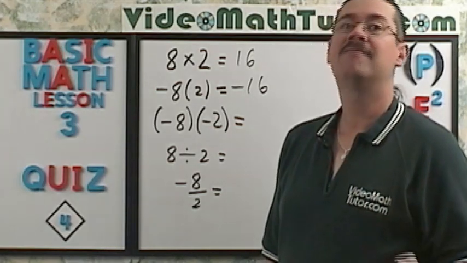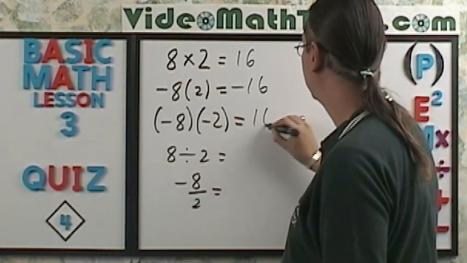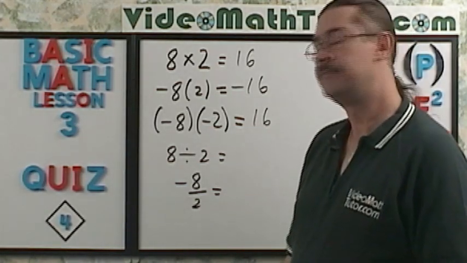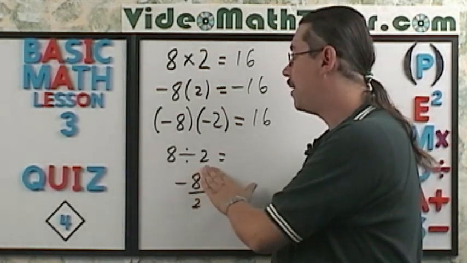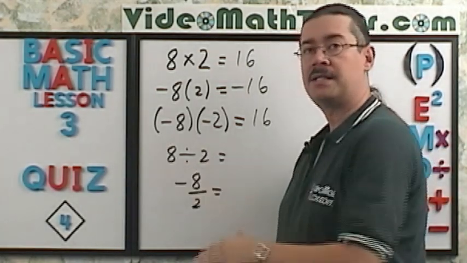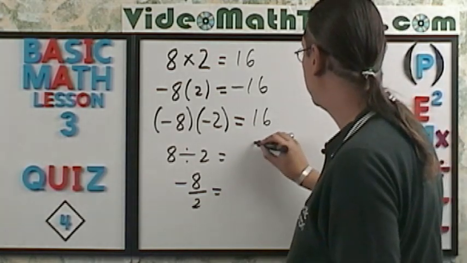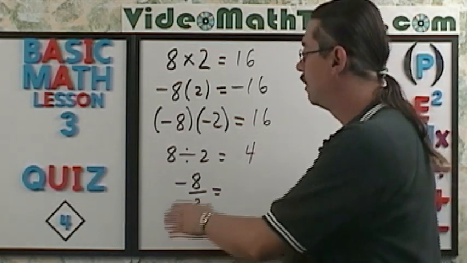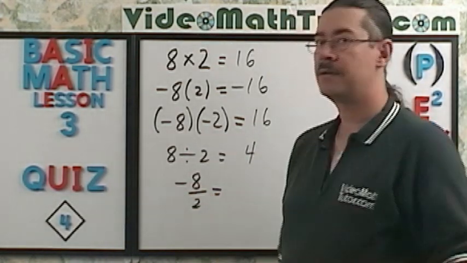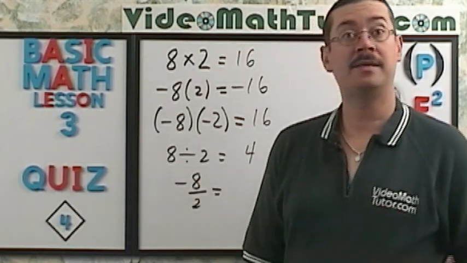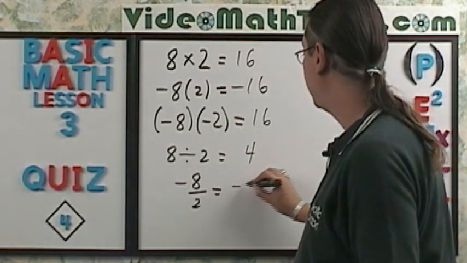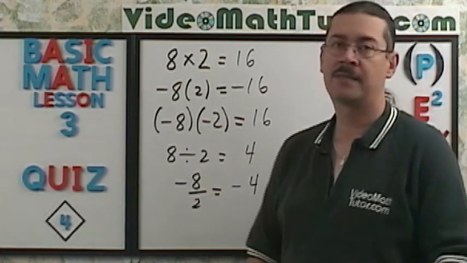Negative times a negative is a positive, so positive 16. Deja vu. 8 divided by 2, they're both positive, so the answer is positive, and it's going to be 4. Negative 8 divided by 2, they're different signs, so the answer is going to be negative, and we're going to say negative 4.